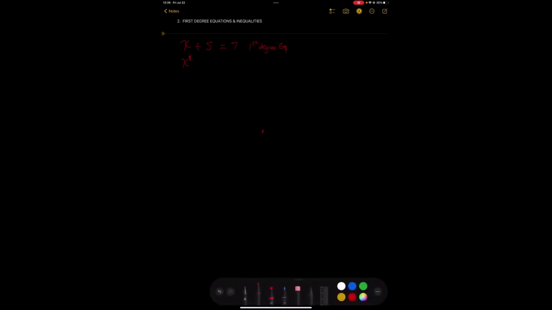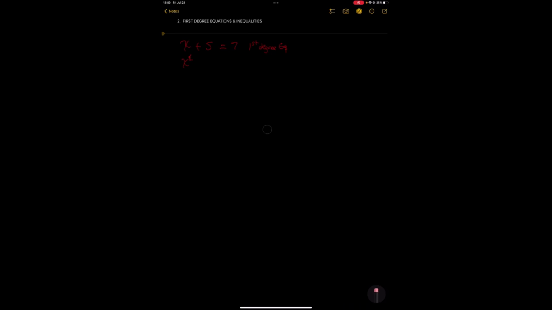Why? Because the exponent of x is basically x to the power of 1. That's what it means. First degree simply means the exponent of the variable is 1.